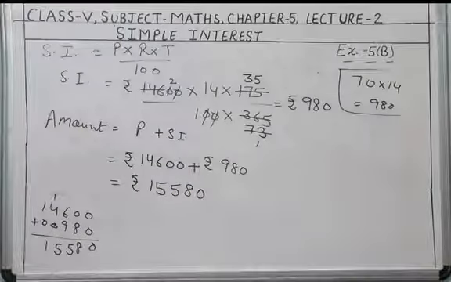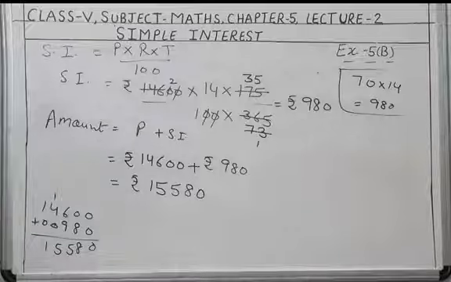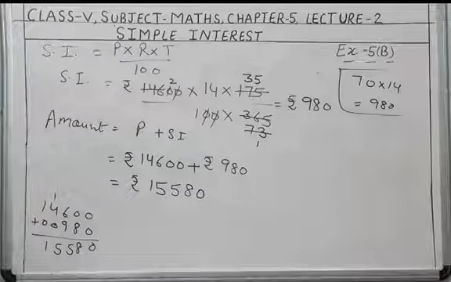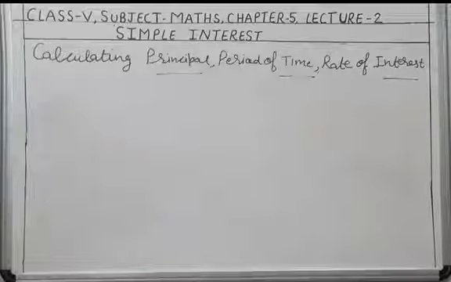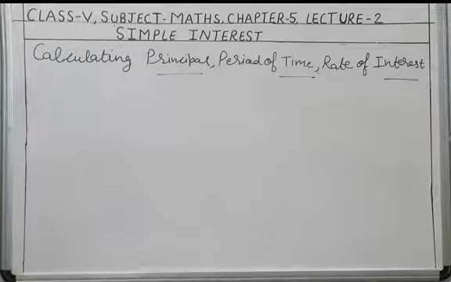Understood? In this way you have to calculate simple interest and amount if the time is given in months or in days. Now we will understand how to find out the principal, period of time and rate of interest.